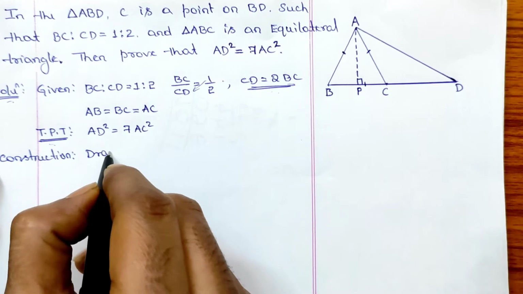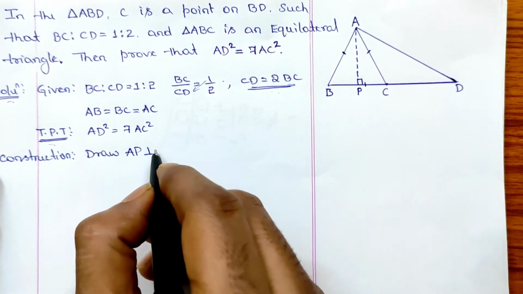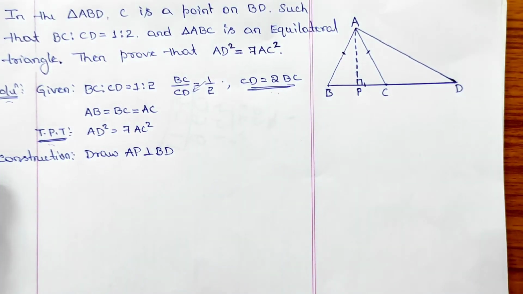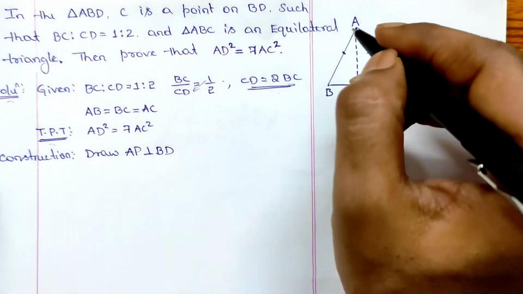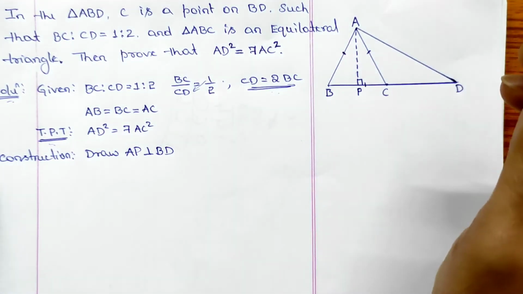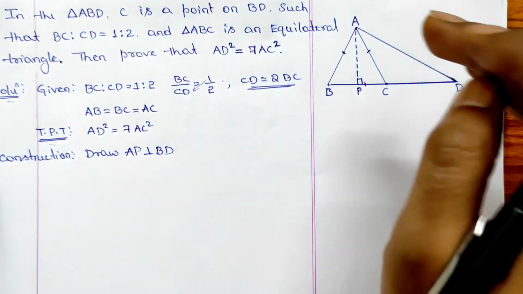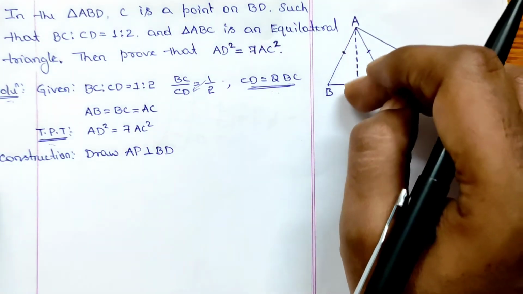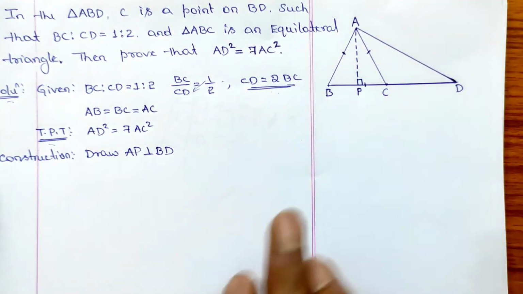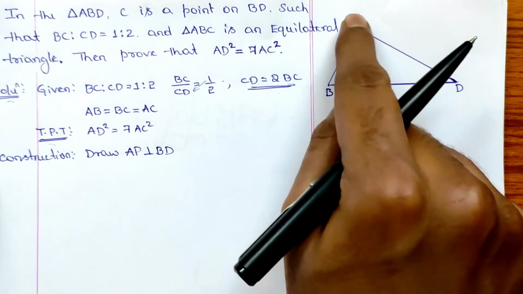Construction: draw AP perpendicular to BC, or you can write BD. Now after doing this construction we got 3 right angle triangles, that is APB, one right angle triangle, then APC, another right angle triangle, third one is APD, the big right angle triangle. But we require only in terms of AD and AC.